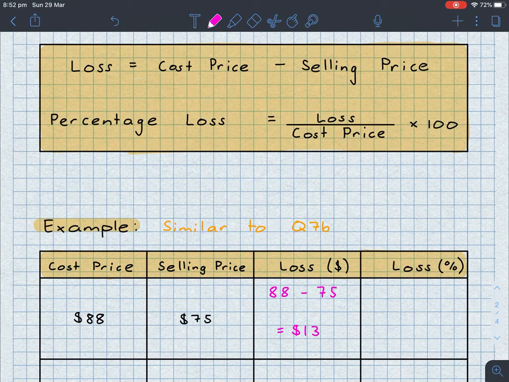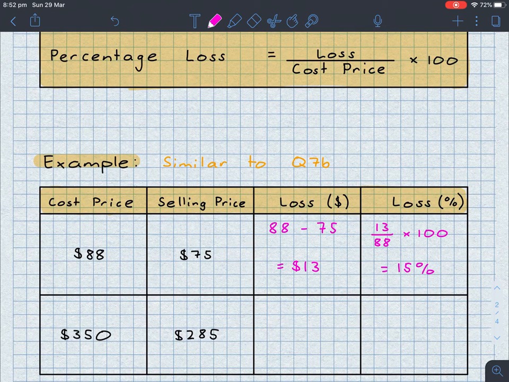To work that out as a percentage, we take that 13 and we put it over the cost price, which was 88, and then we're going to times by 100. So in our calculators, 13 over 88, and then we multiply by 100, gives us a percentage of about 15% when I round it. It's actually 14.77 and a whole lot of other numbers. So I'm going to round it to 15%.